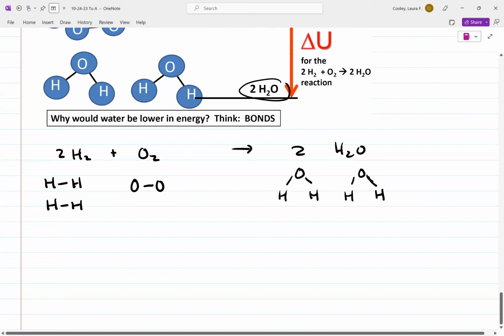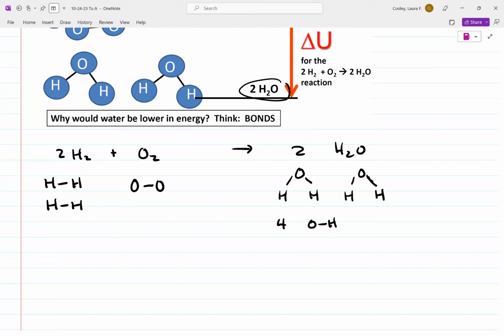What you see here is that you have 4 OH bonds on the right. On the left, you have 2 HH bonds and 1 OO. So already you could see that you have more bonds here than you have here. Remember, forming bonds is what releases energy. Now, it's true that not all bonds are alike.